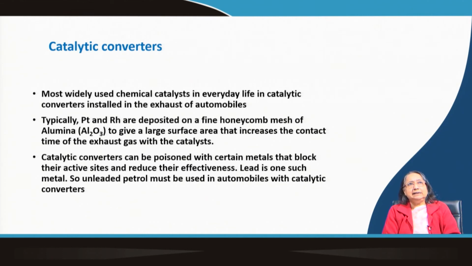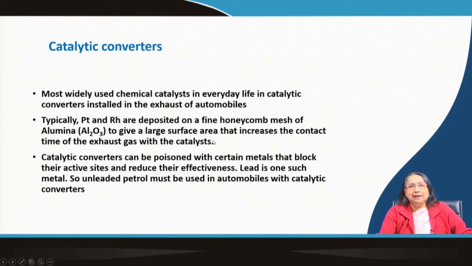So in the catalytic converter, platinum and rhodium, there are many others but these are the most common, are deposited on a fine honeycomb mesh of alumina to give a large surface area. For a catalyst, surface area is very important, as it increases the contact time of the exhaust gas with the catalyst.